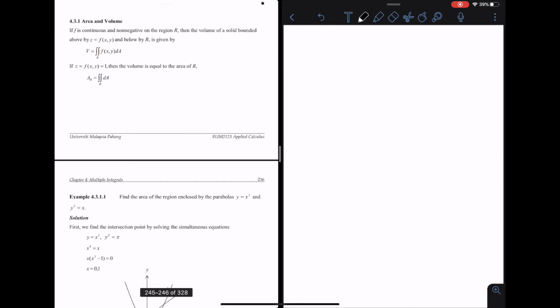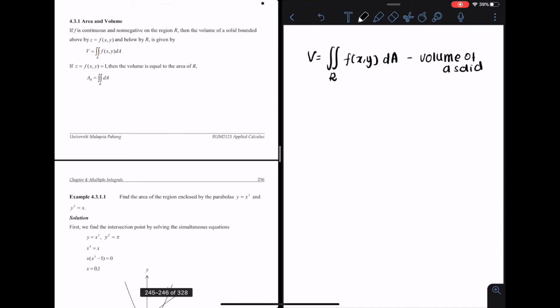This is the formula to determine the volume: the volume can be determined by using double integral over region R of the function f(x,y) with respect to A, and again the A can be expanded to either type 1 or type 2 integral.